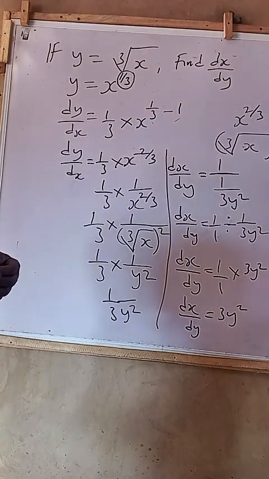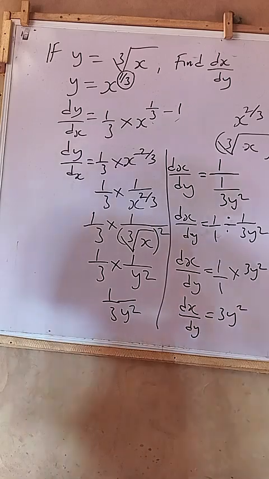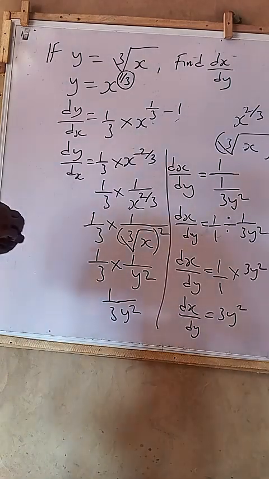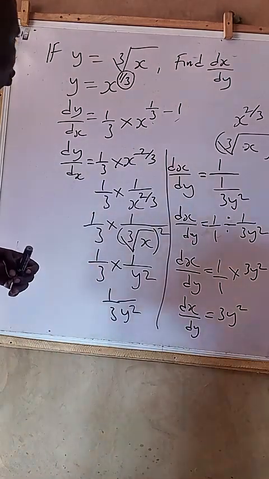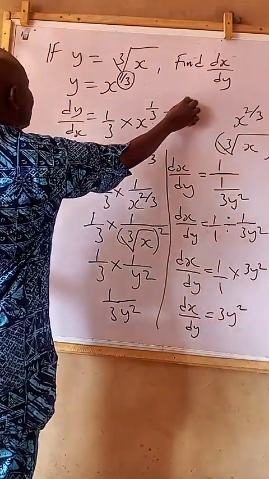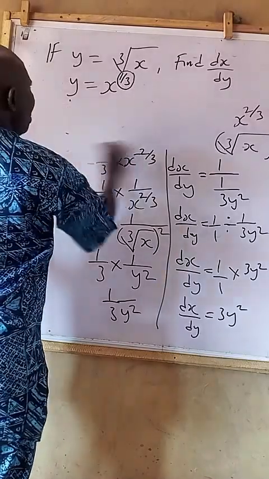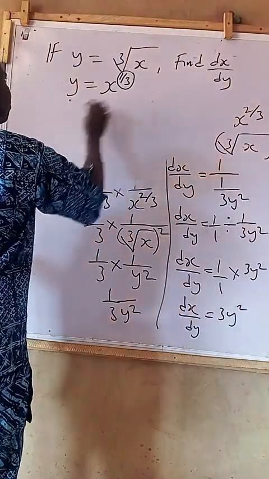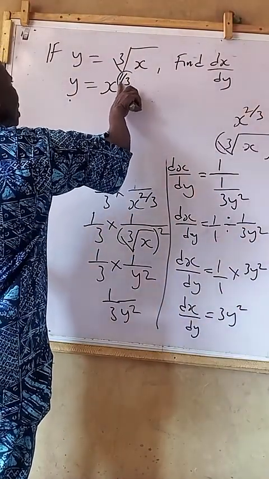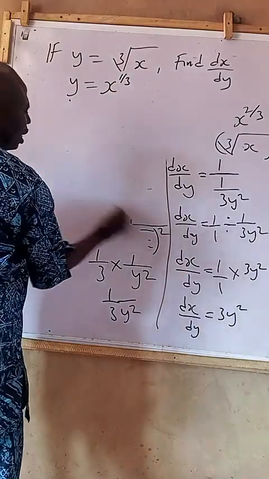So that is one step. Another step is just direct. What will you do? You can see now that we want to make x the subject of the formula.